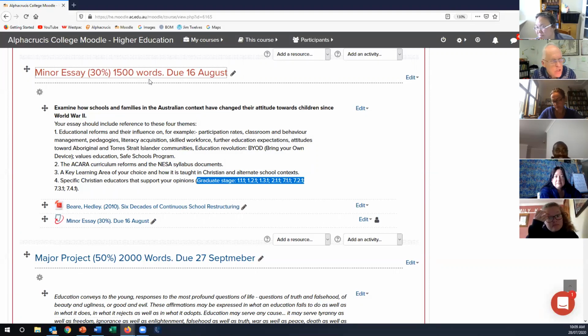Very good question, Patricia. The 1,500 word is a guide. It's an idea that this is roughly how long it should be. If you go and write 3,000, I will write rude comments in the margin. It's basically to stop you overworking. If you write 500 words, I will write rude comments in the margin saying you haven't developed this argument very well.